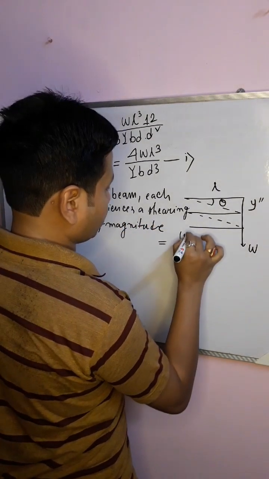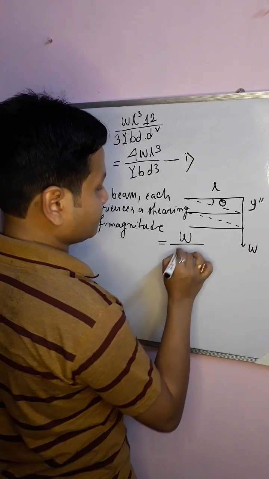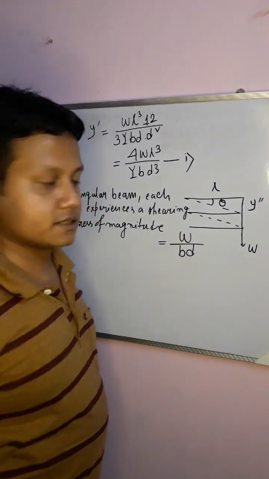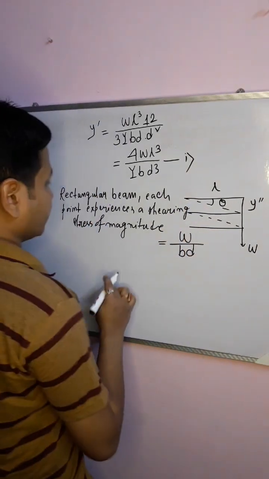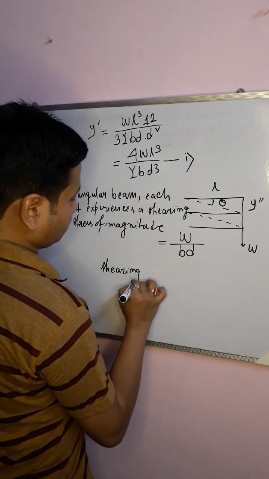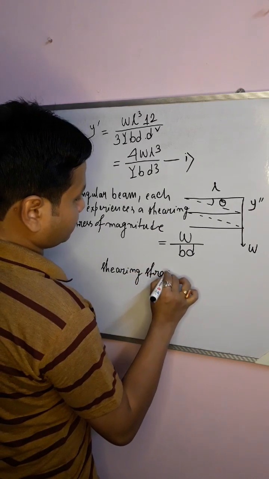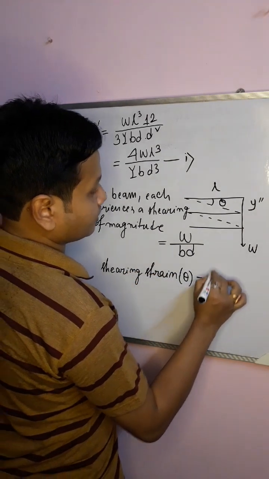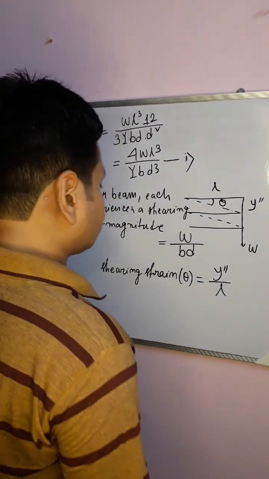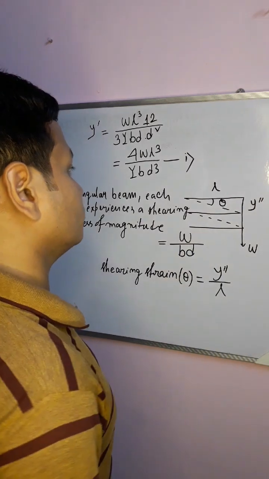Here force is the weight, and for a rectangular beam the area of cross section is BD. So this is the shearing stress. So what would be the shearing strain? The corresponding shearing strain theta is simply y double dash by L.